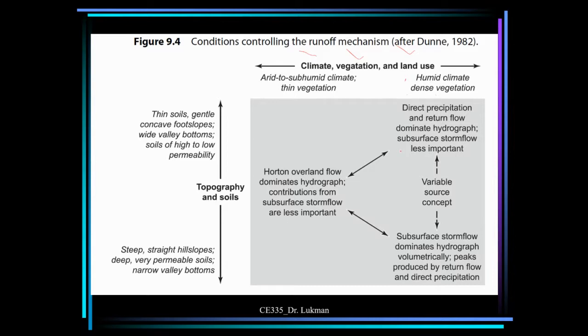And here you have direct precipitation. For the arid region, you have this dominating. For the humid climate, dense, you have the direct precipitation and return flow that are dominating the hydrograph. So all these are the different components of the three mechanisms and the specific areas of dominance.